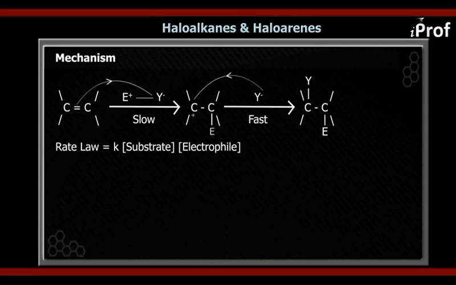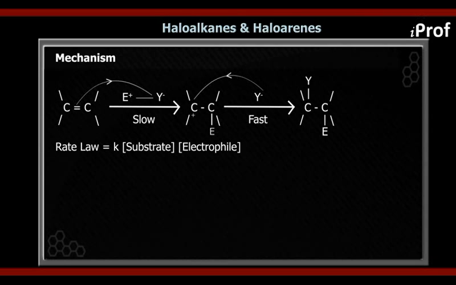Suppose around the pi electron cloud we have a steric hindrance, then it will form the carbocation easily, because the degree of the carbocation formed in that case will be higher, and so the stability will also be high.